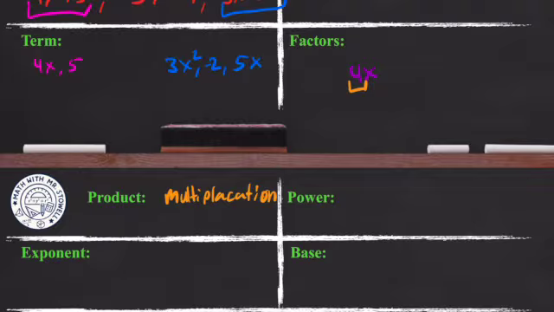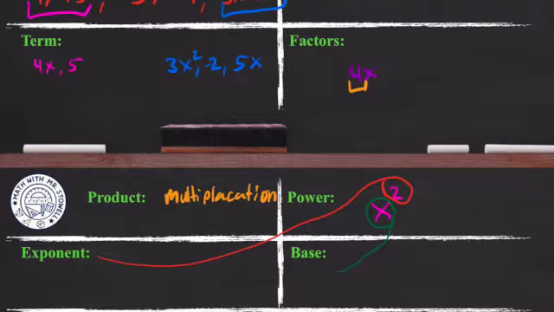Power, let me give you guys an example of this. Let's say we have a number raised to a power, let's call it 2. So I'll call it the second power. The power is our exponent. The exponent of this is the 2. The base of the power is the x. Base is the bottom of the exponent, the bottom of the power.